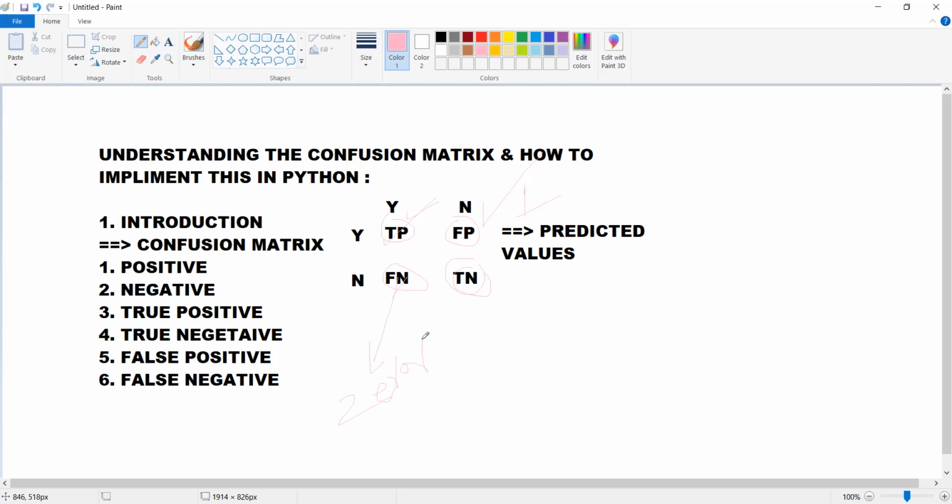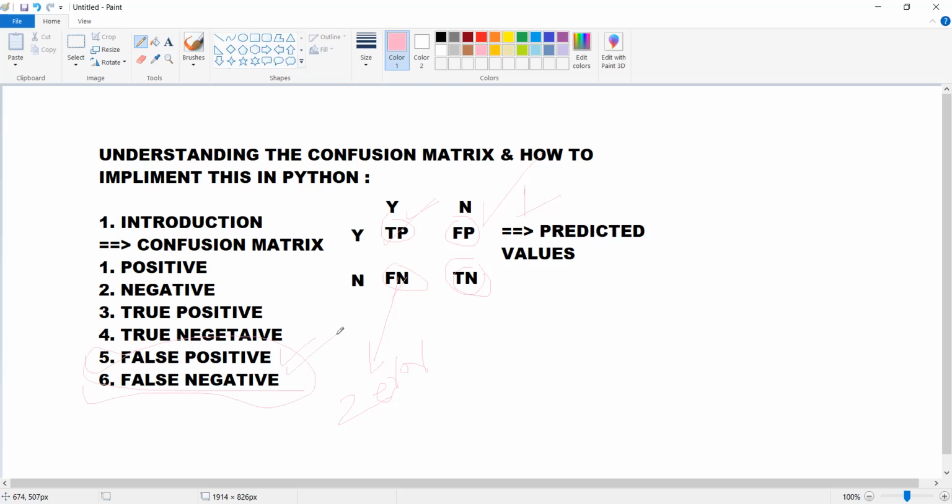An outcome where the model incorrectly predicts the negative class when it is actually positive. So false positive and false negative are opposite of each other, reciprocal.